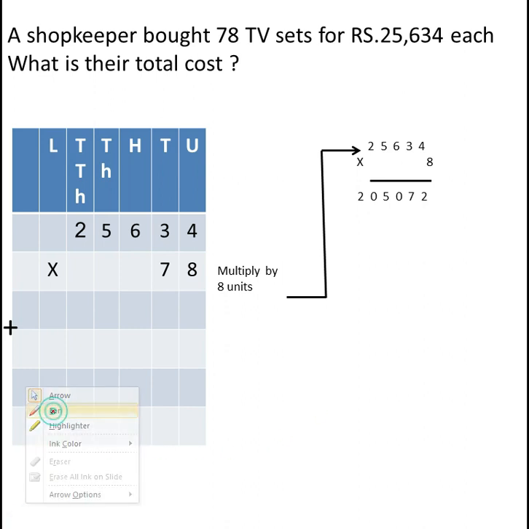We solve this example. 8 into 4 is equal to 32. 2 here, 3 carried forward. 8 into 3, 24 plus 3 is equal to 27. 7 here, 2 carried forward. 8 into 6 is equal to 48 plus 2 is equal to 50. 5 carried forward. 8 into 5 is equal to 40 plus 5, 45. 5 here and 4 carried forward. 8 into 2 is equal to 16 plus 4 is equal to 20.